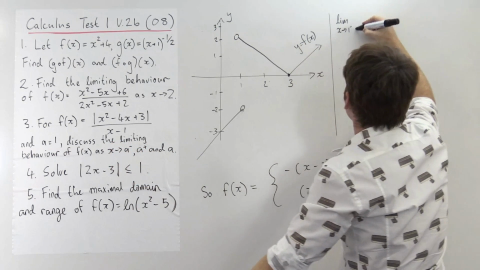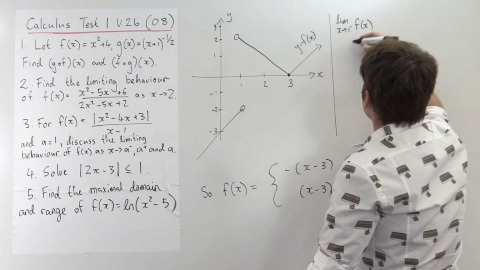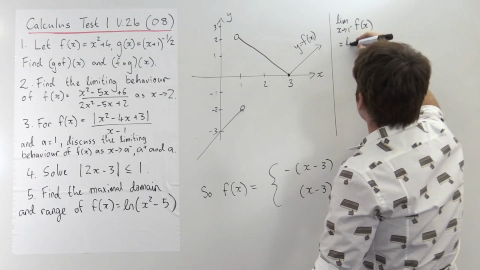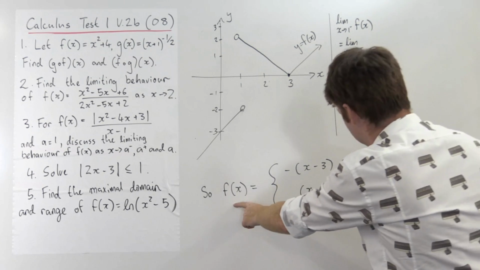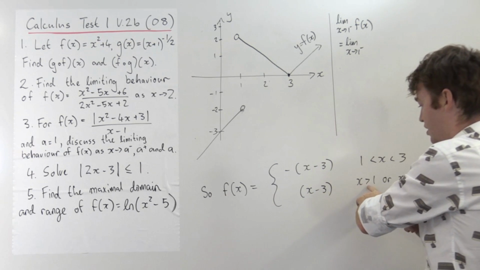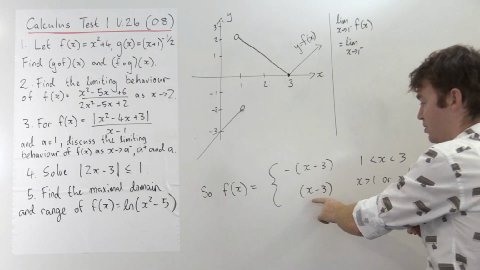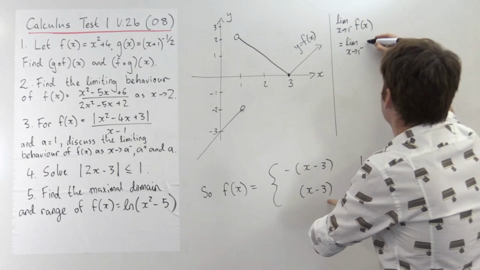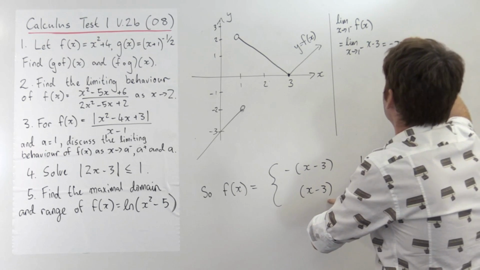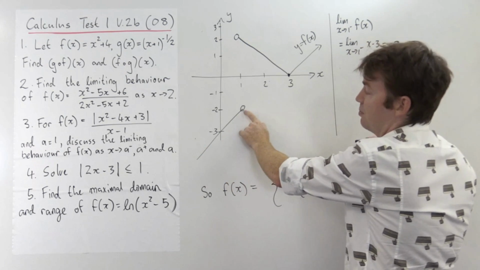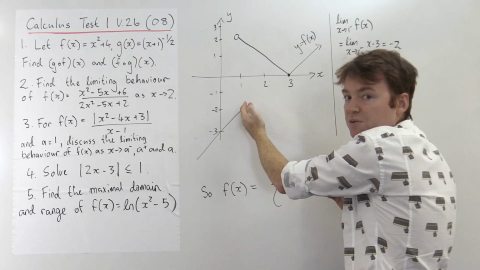Yes, below. Well, what is that? I have to look at my definition. It's x less than 1, so this is just the function x minus 3, which is equal to 1 minus 3, which is minus 2. And from my picture, I can see that this is approaching minus 2 if I take x values less than 1.